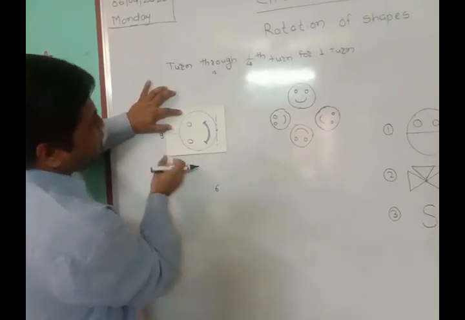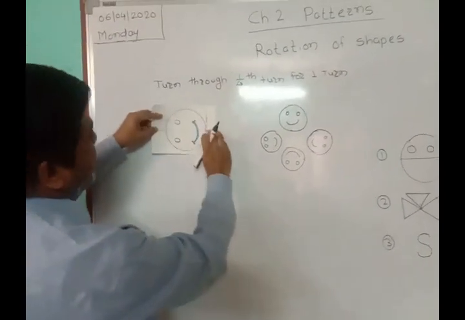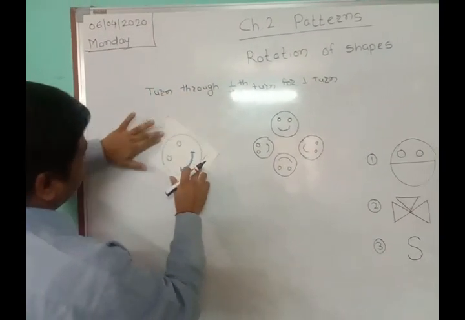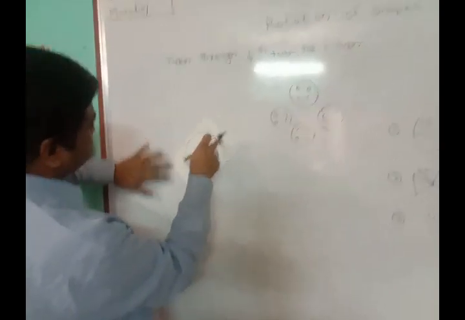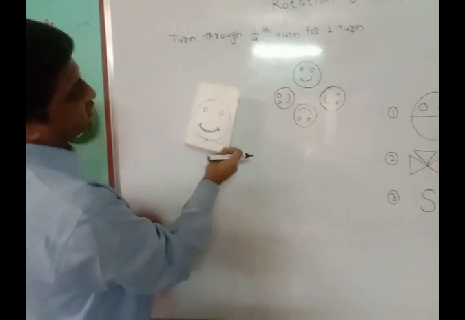So if it is said to turn in anti-clockwise direction through 1/4 of a turn, first condition will be from 12 to 9, from 9 to 6, and 6 to 3. So it's very easy to turn the shapes.